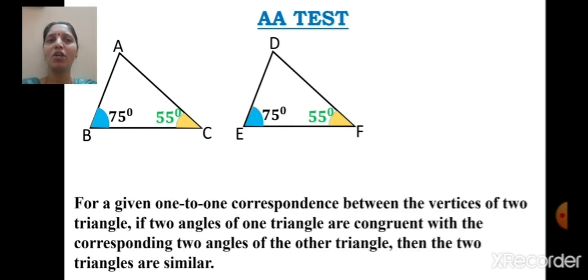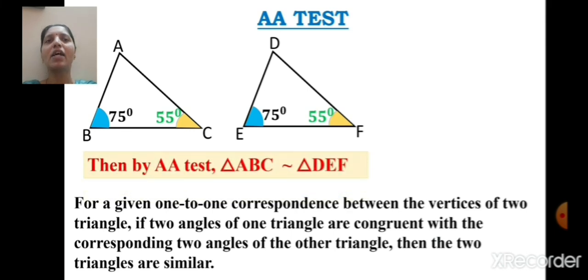So let's see what the angle test is. For a given 1-to-1 correspondence between the vertices of 2 triangles, if 2 angles of one triangle are congruent with the corresponding 2 angles of the other triangle, then the 2 triangles are similar. That means here you have to show congruency of 2 angles.